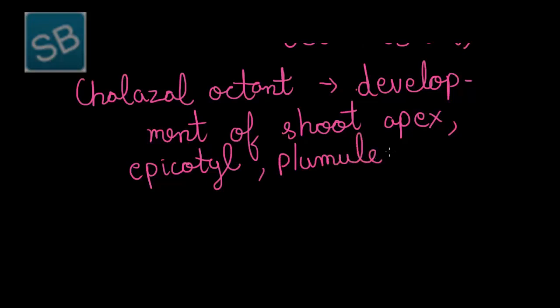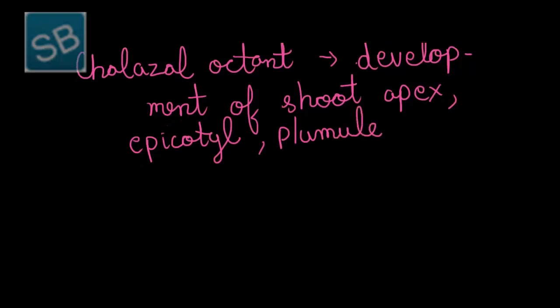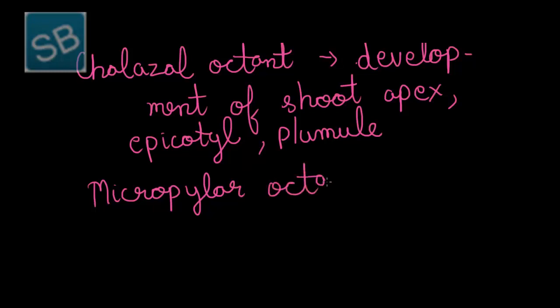On the contrary, towards the micropylar octant, regions like hypocotyl and radicle development occurs.